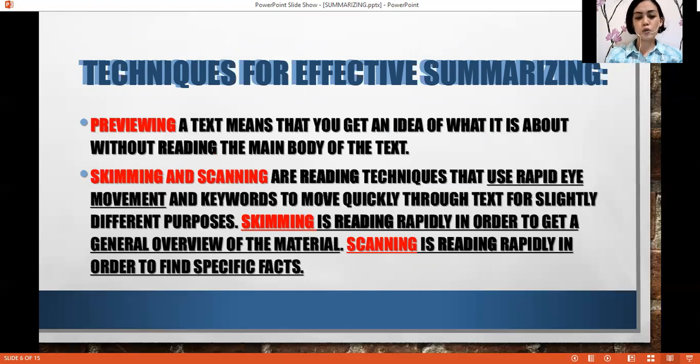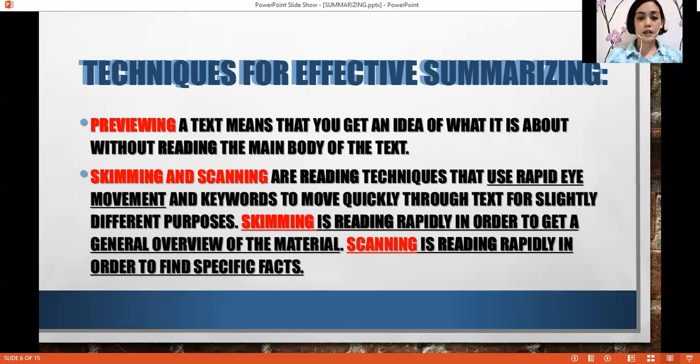Okay, so you are going to make a good guess what the book is all about. You take the book from the library, let's say, and then you're going to have a quick look at it, and then you're going to investigate what the book is all about. That is previewing. Next is skimming and scanning.